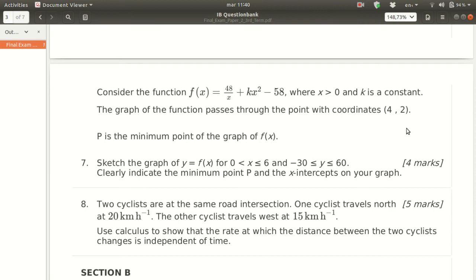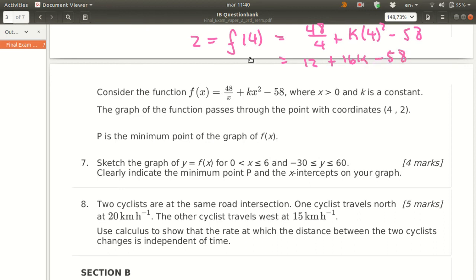So that would be f of 4 is equal to 2. So f of 4 is 48 over 4 plus k times 4 squared minus 58. Okay, 48 divided by 4 is 12, plus 16k minus 58 is equal to 2. And we have to isolate k. So I'm going to add 58.